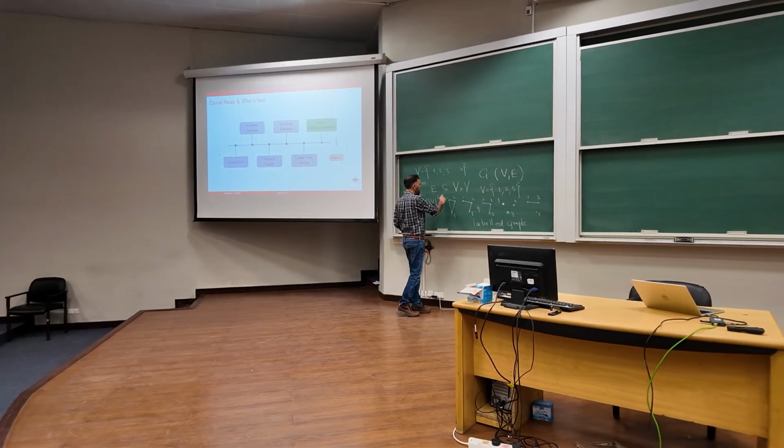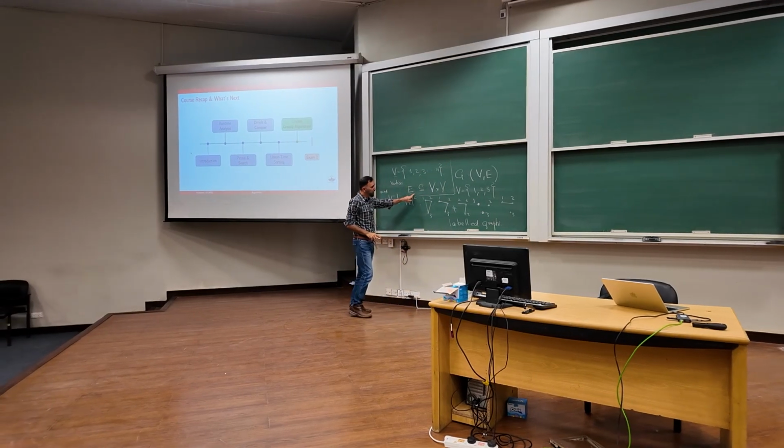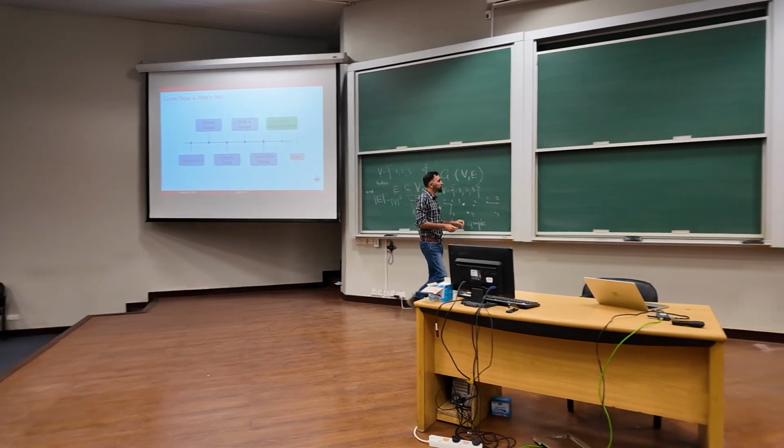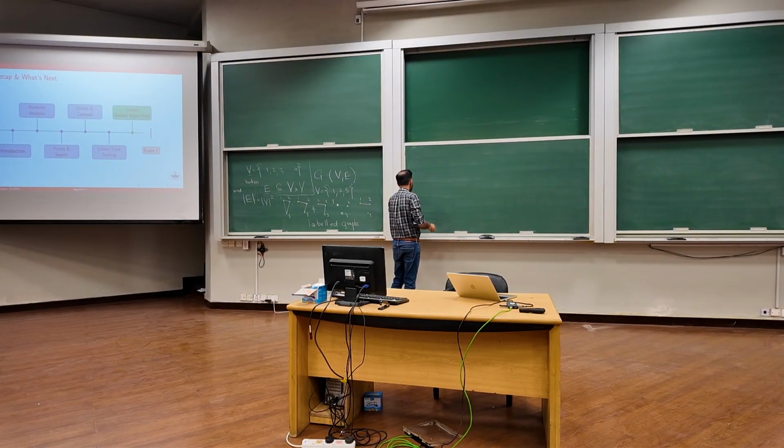Now the examples I have drawn here are not these types of graphs. These are a different type of graphs, which are called undirected graphs.